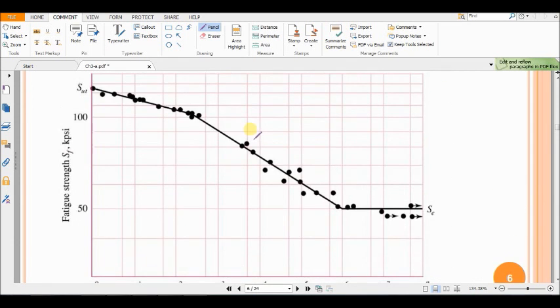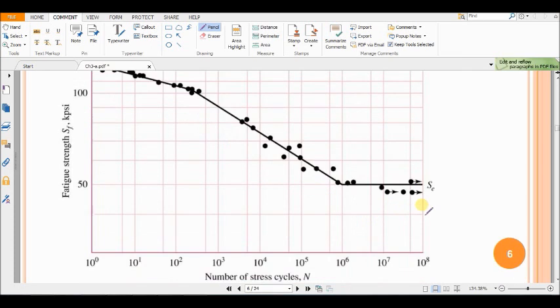It's logical, right? And when I draw a graph which crosses these points, you can see that after a specific load or a specific stress, it doesn't matter what load you apply, the life of the material will be infinite.